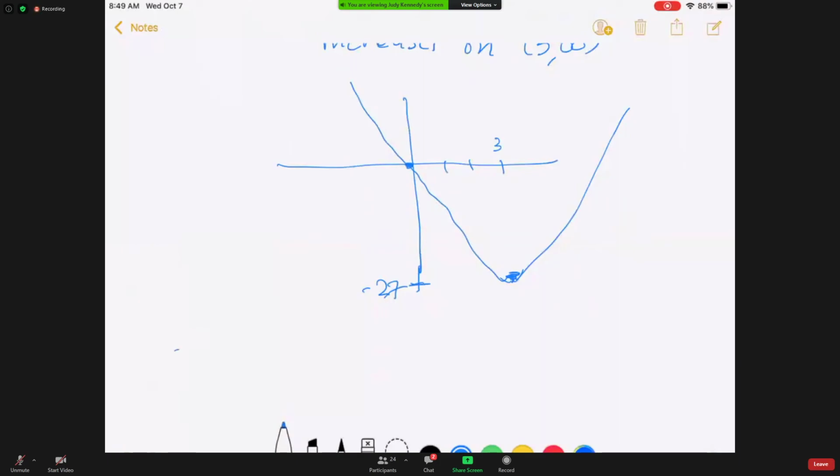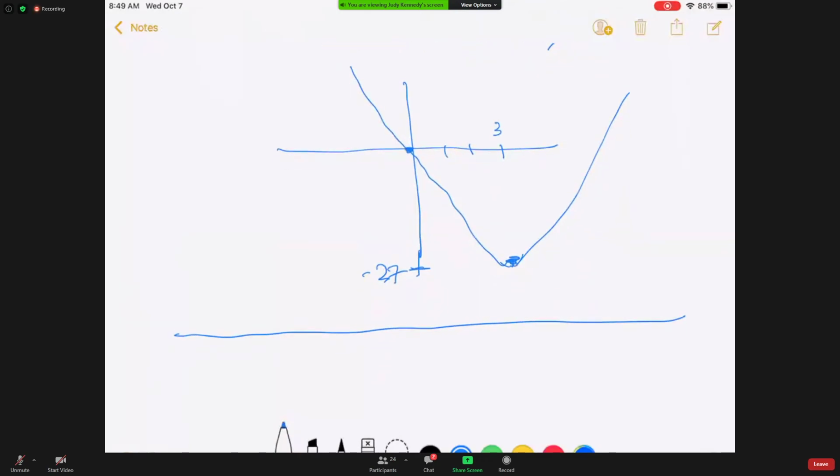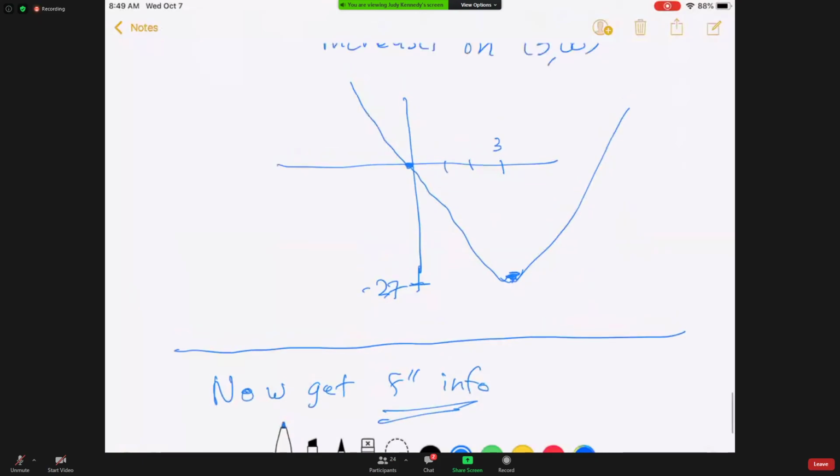Now, I'm going to modify my graph after I get the second derivative. Okay, what the second derivative tells me about my function.